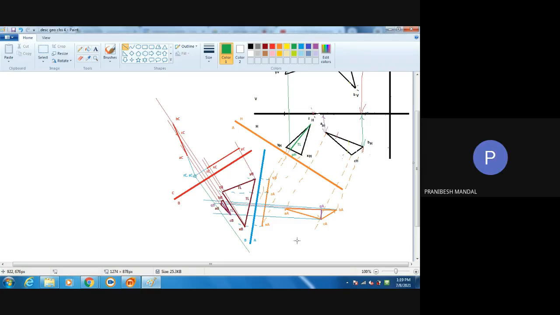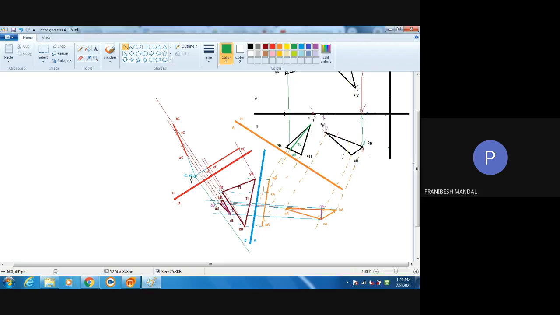Now this is a line that is common to both ABC plane and XYZ plane. Yes or no? This RS is a line which is on ABC plane as well as on XYZ plane. Is it clear to you or not?